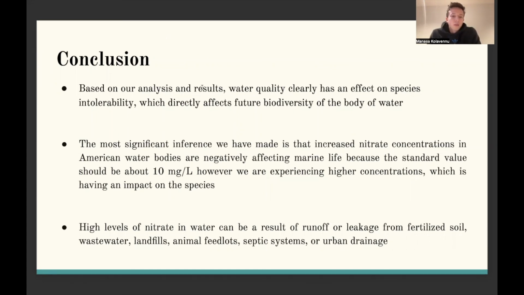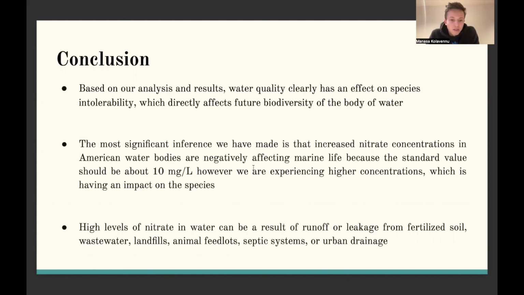We found that the most significant inference would be compared to the nitrate concentrations. And this is because the nitrate concentrations had the highest number of measurements that were far outside of the acceptable range. Because of this and the negative impact that they have on the fish species, we found that nitrates are the most harmful things to US water.